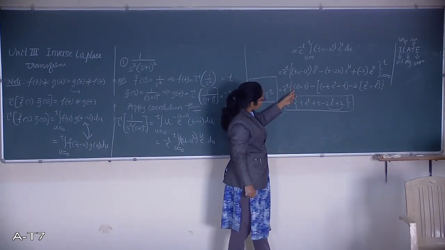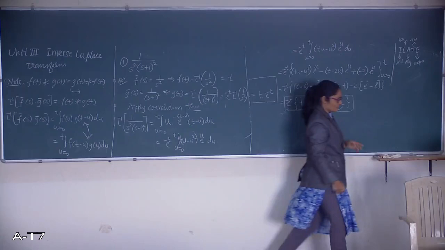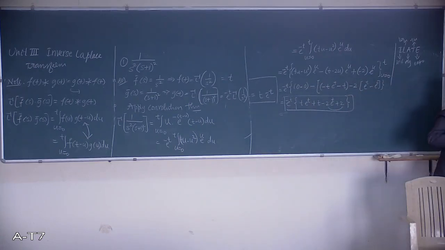So when you substitute the limit, this is the answer we get here. Many examples are there in the convolution theorem. You refer to different textbooks and try to solve.